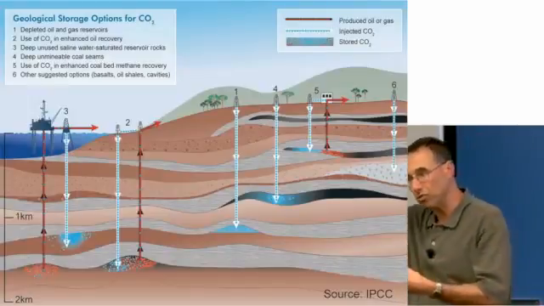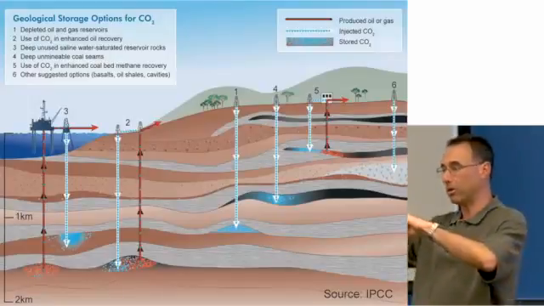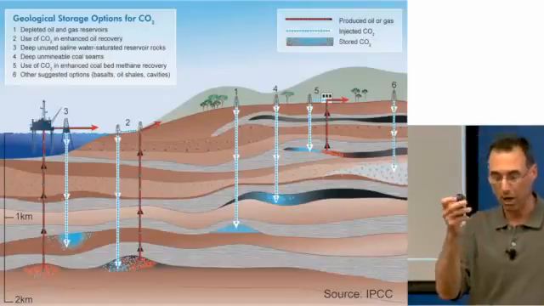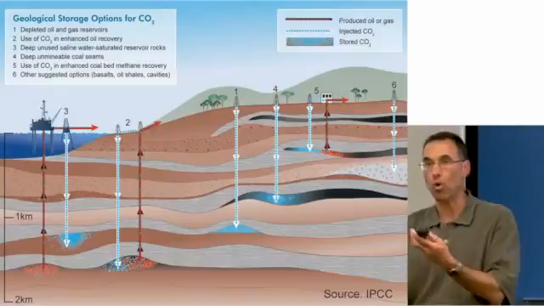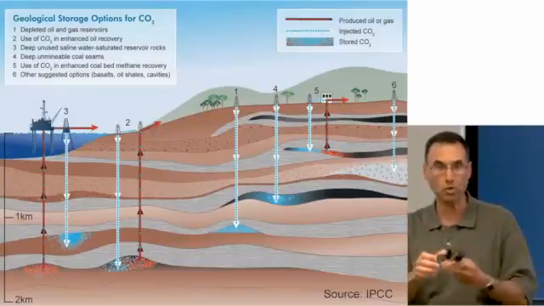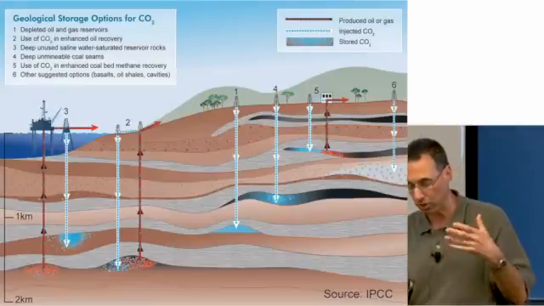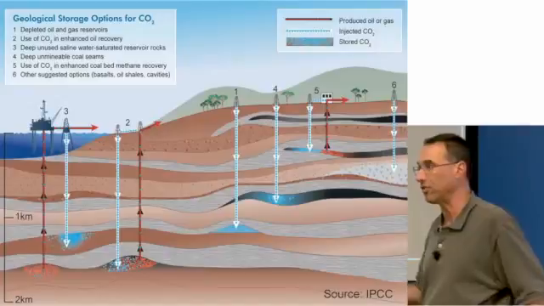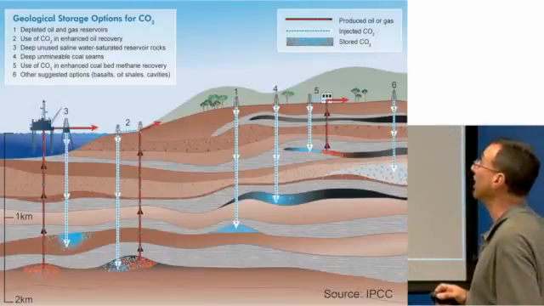In many places in the US, if you drill down far enough, there are what are called brine aquifers. An aquifer is a rock formation with salt water essentially in the pore spaces between the grains. That makes a very big target for injecting CO2. There's a lot of available pore space, and that's where presumably a lot of this captured CO2 will get injected if this ever does indeed occur at scale.